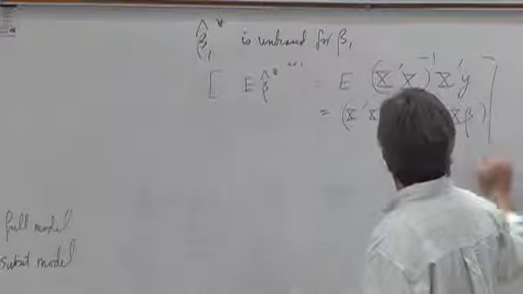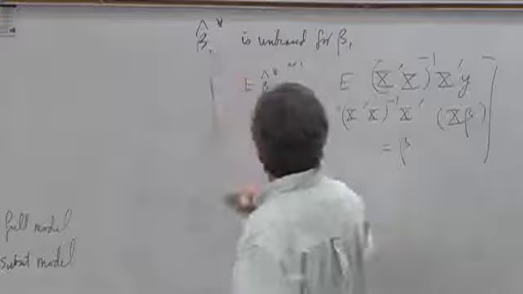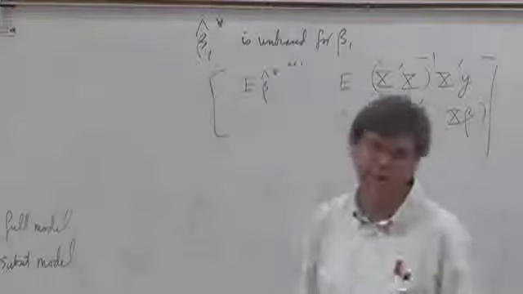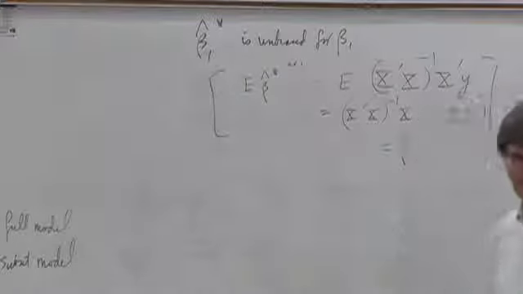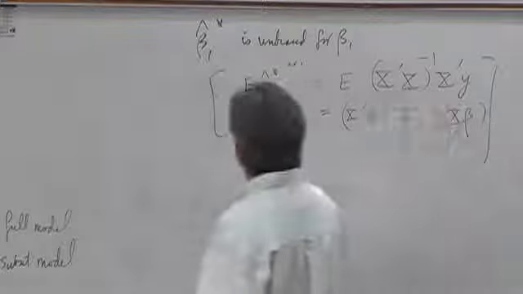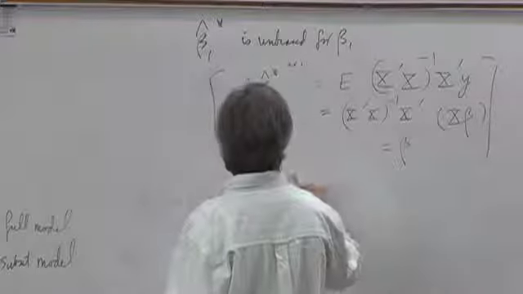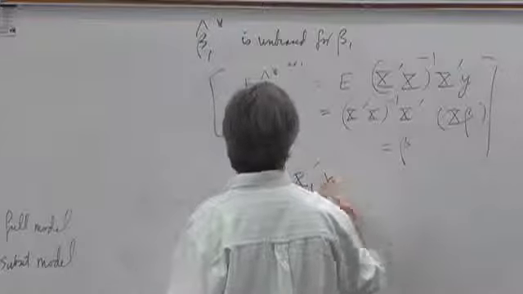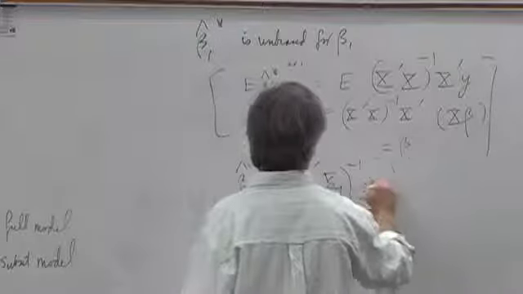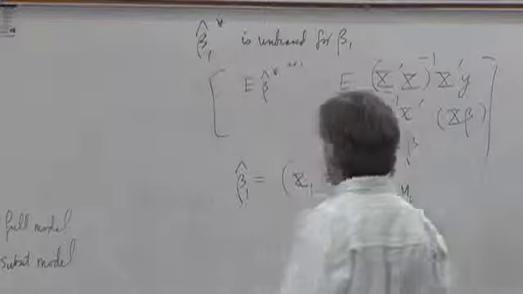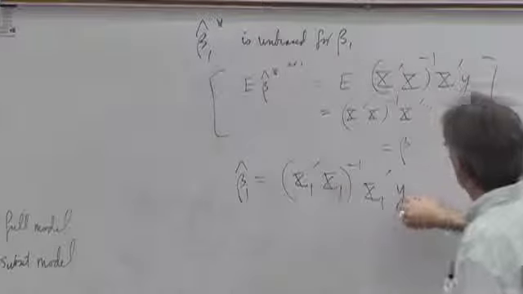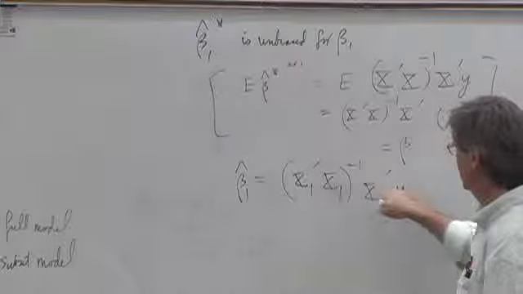However, EY is X beta. EY is not X sub p beta. Is that okay? It's not X sub 1 beta. Whereas beta 1 hat is equal to (X1 prime X1) inverse X1 prime y. And so when I put in X beta here, then the things don't cancel.